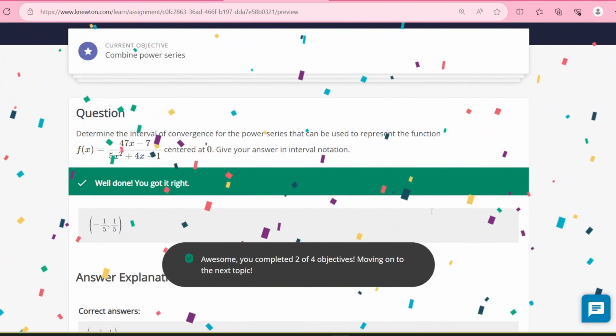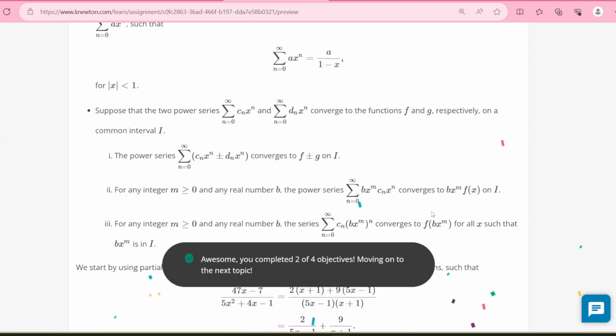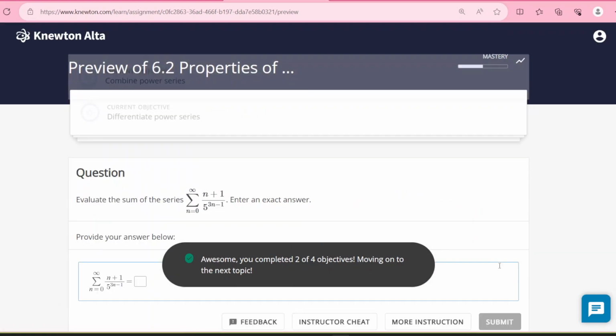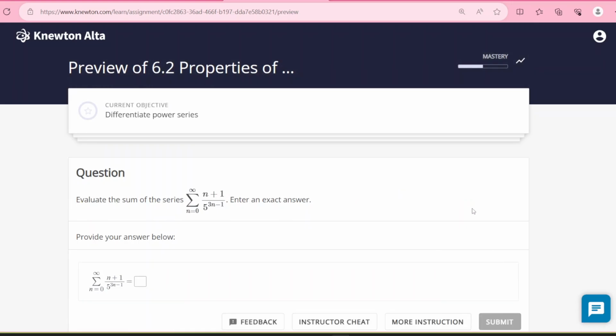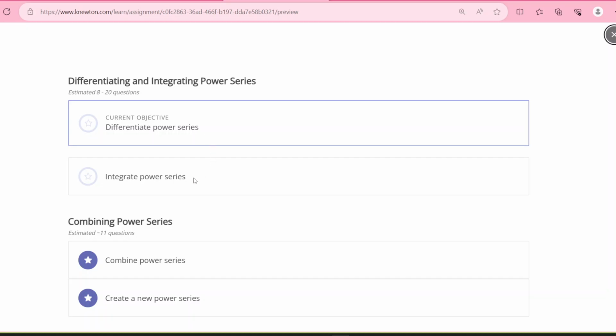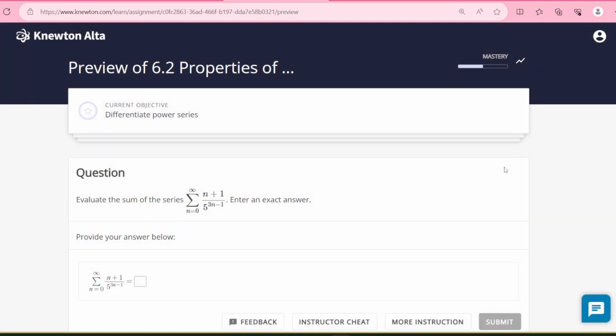Great. All right, so that's half of the objectives done. Wonderful. Next topic. All right, so now we're differentiating. So the stuff left is differentiating and integrating power series. So we can do them just like polynomials, right? Differentiate and integrate term by term.